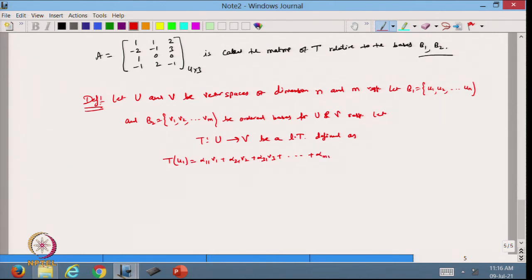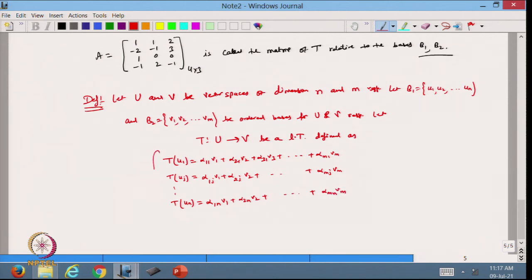Similarly, I can define T of any Uj as alpha 1j V1 plus alpha 2j V2 plus and so on up to alpha mj Vm, and in the end T of Un is alpha 1n V1 plus alpha 2n V2 plus and so on up to alpha mn Vm.